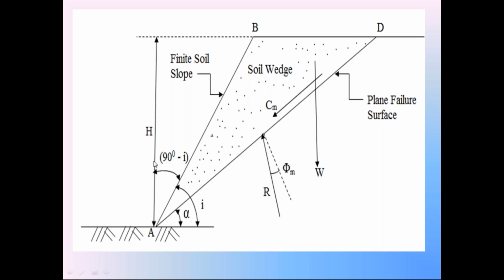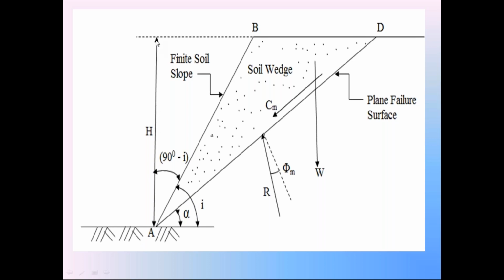Let H be the vertical height of the finite side slope. So please follow this carefully. We consider the finite side slope AB, of either an embankment or a canal or an earth dam. With horizontal, that finite side slope makes the angle I, and H is the vertical height of this finite side slope.